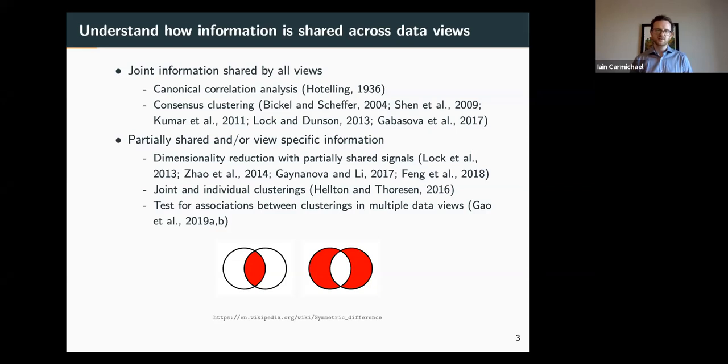I'm highlighting this paper because it's similar in spirit to the application we're going to be talking about today. Also, there's a nice paper from Lucy Gao and Daniela Witten in our department where they develop tests for associations between clusterings in multiple data views. That paper inspired this work on cluster estimation.